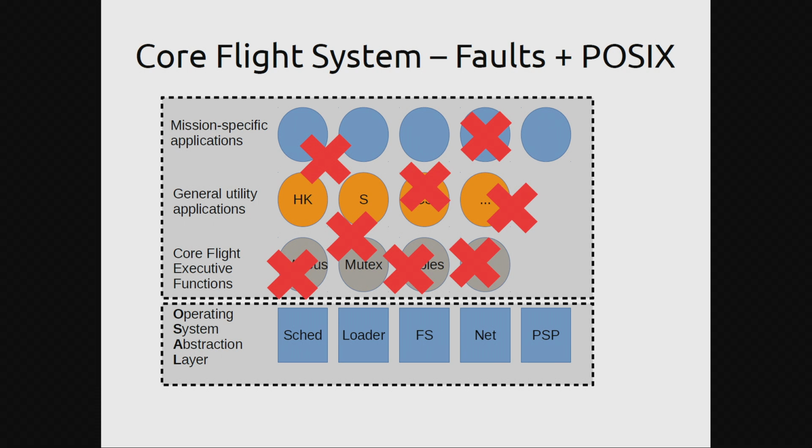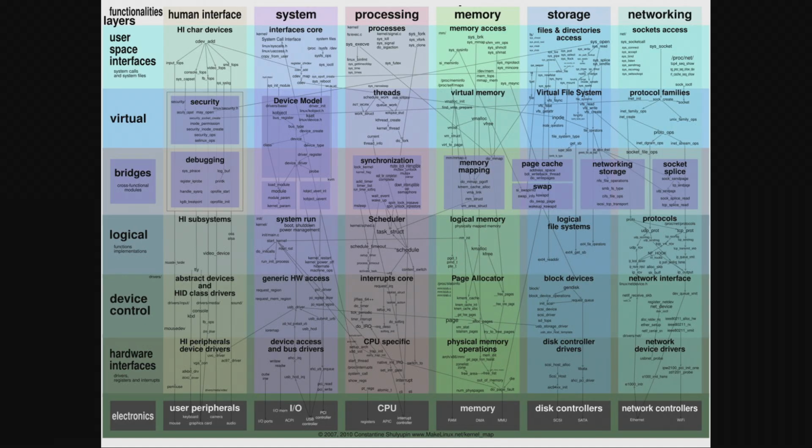Some of the OSAL layers that we've looked at do provide some form of separation. The prototype here is the Linux OSAL. Of course, the Linux kernel itself is isolated from any of the bugs above. But the problem with using something that supports full POSIX in some environments is that full POSIX comes with a lot.